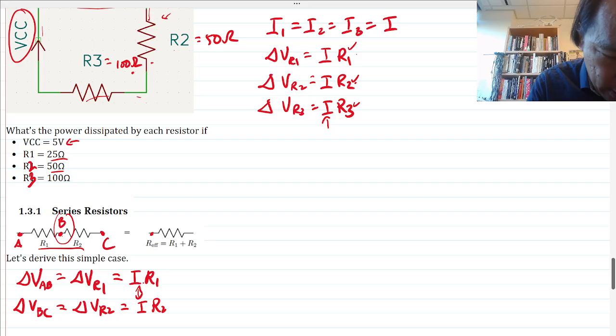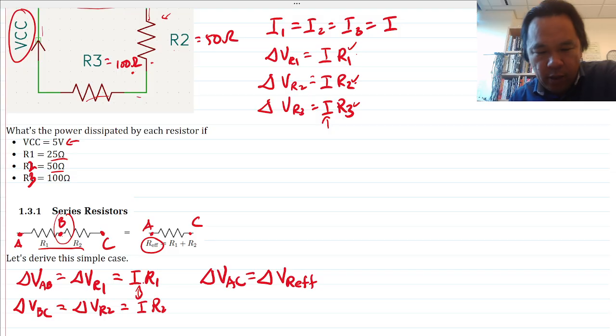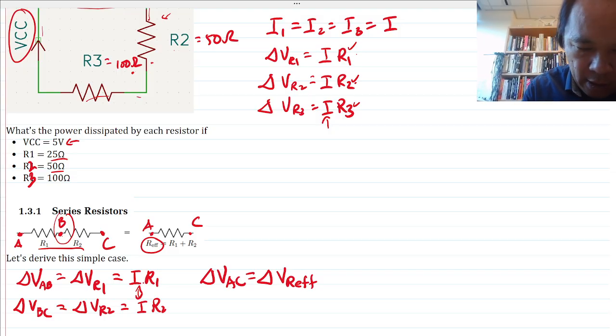This is actually point A, this is actually point C. So delta V across A to C is the same thing as the voltage difference across R effective here, also known as the equivalent.